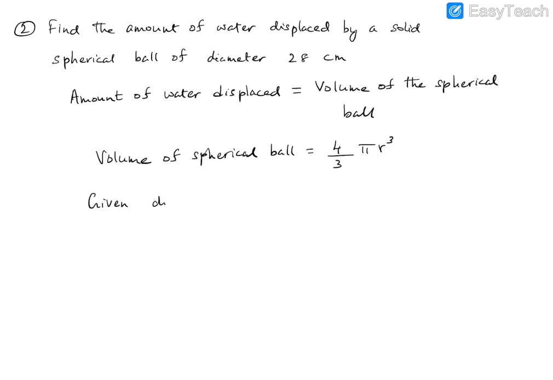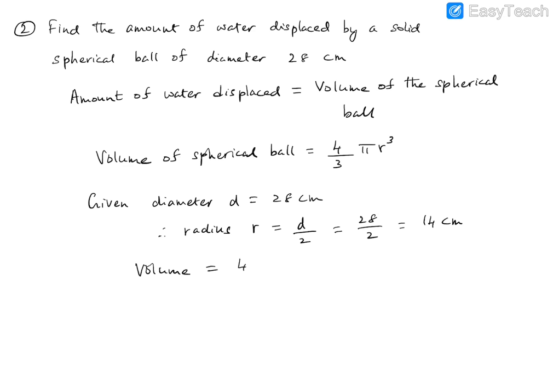Given diameter d equals 28 centimeter, therefore radius r is going to be half of the diameter, which is 28 by 2, which is 14 centimeters. We can now substitute the value of r in the formula for the volume.